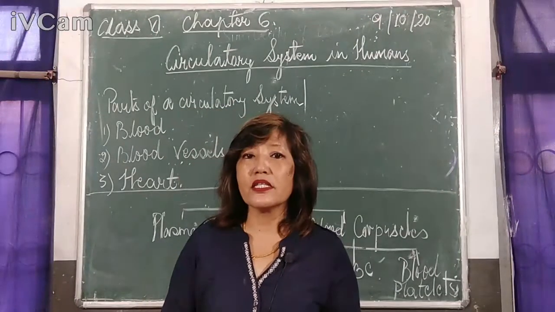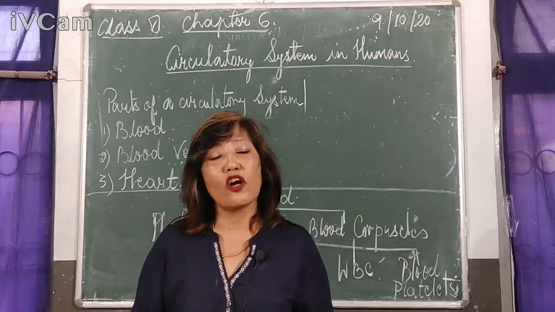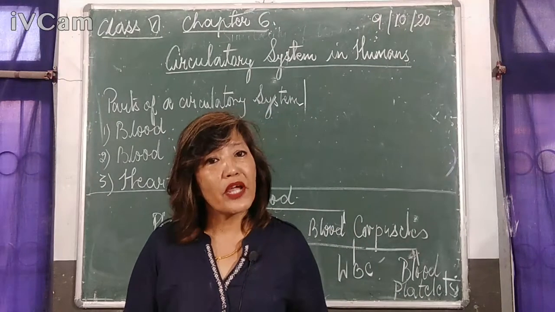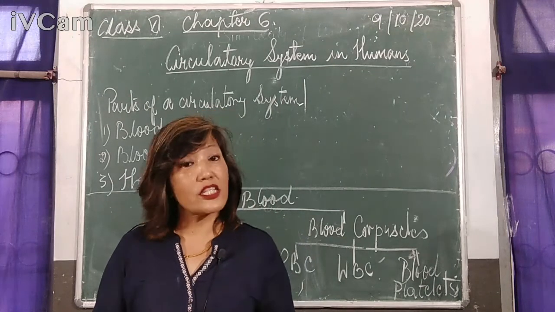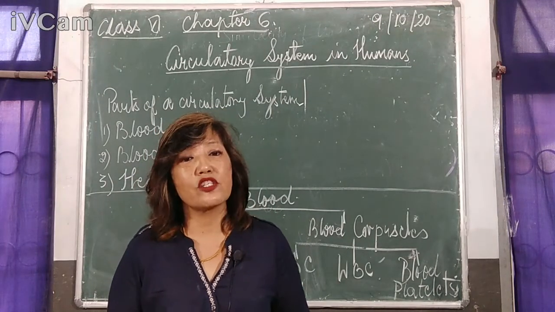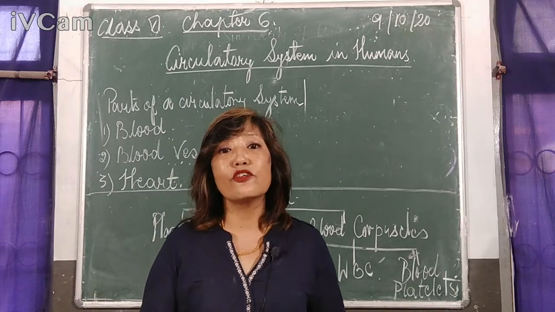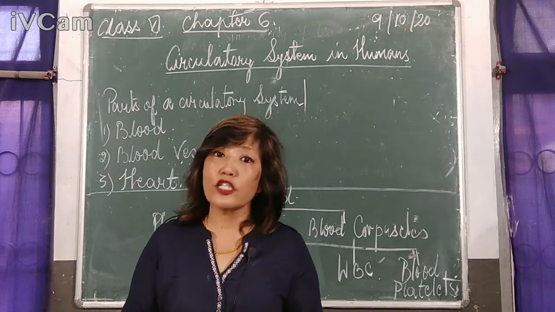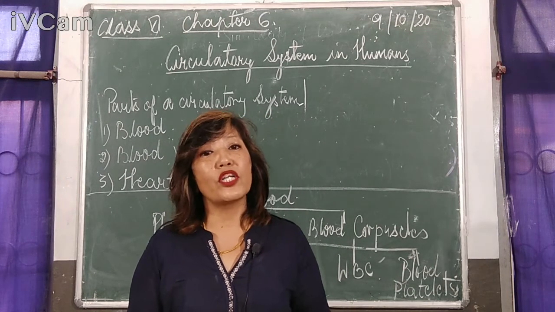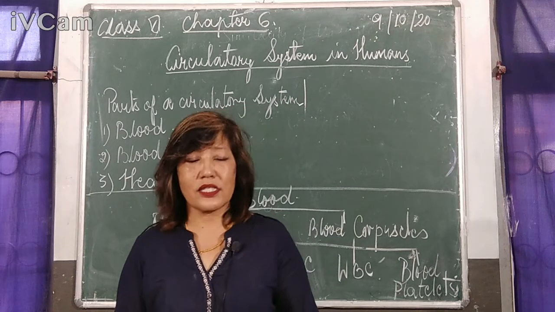So that means due to the digestive system, each and every part of our body gets nutrients and oxygen for energy. And due to the excretory system, the waste product that is formed inside our body can be easily removed from our body, right? And due to the respiratory system, our body gets oxygen, without which we cannot survive.